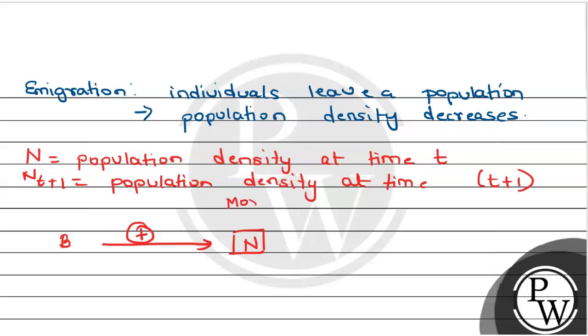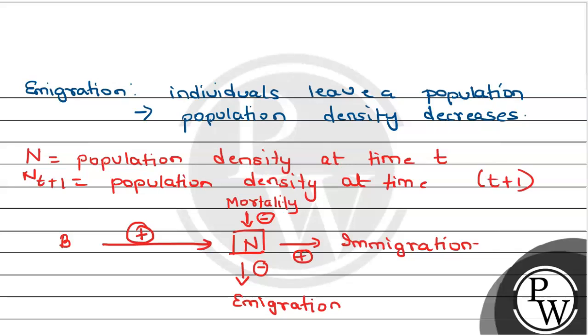If we look at mortality, this is actually decreasing, so this has a negative effect. Coming to the next, immigration is again having a positive effect. And if we think about emigration, emigration again has a negative effect because the population density is decreasing.